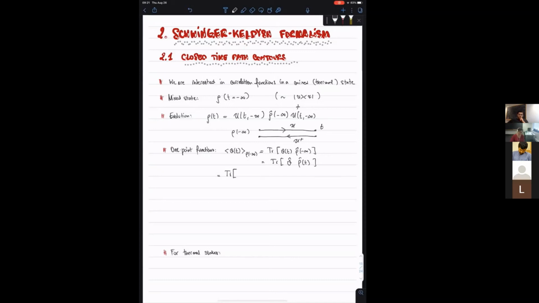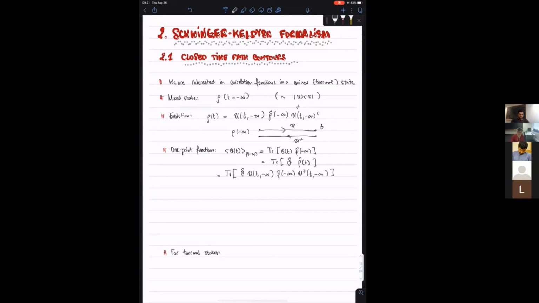This would be the trace of the operator, and then we write this expression here: U of t, minus infinity, rho, and then this U dagger.